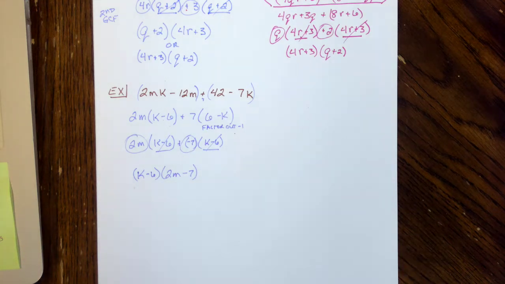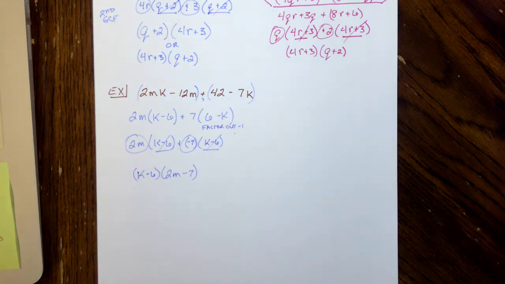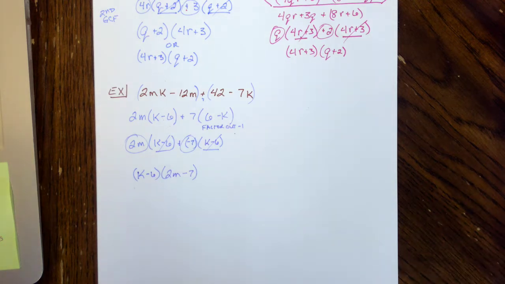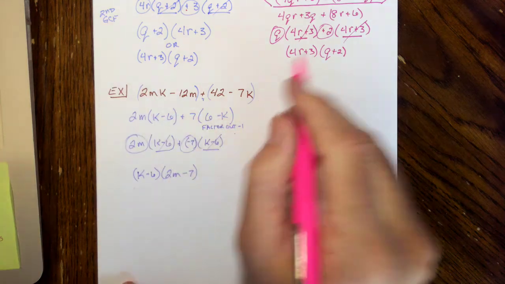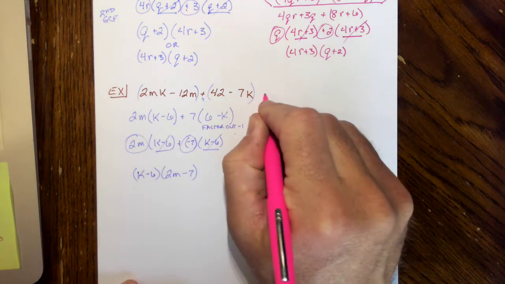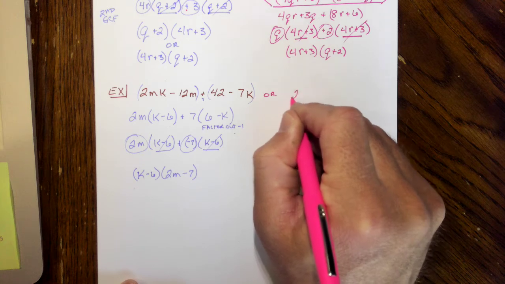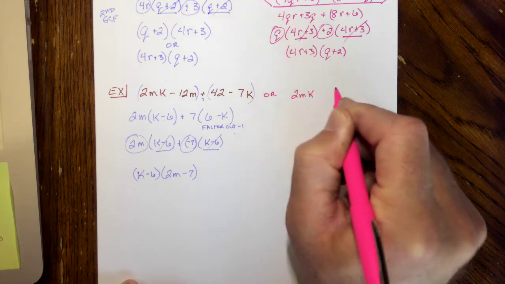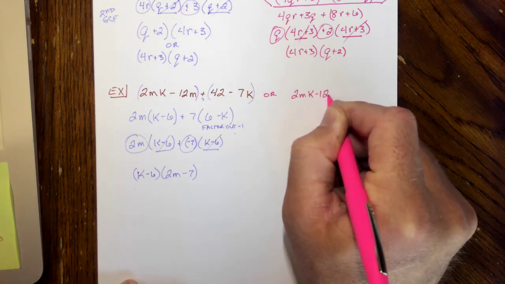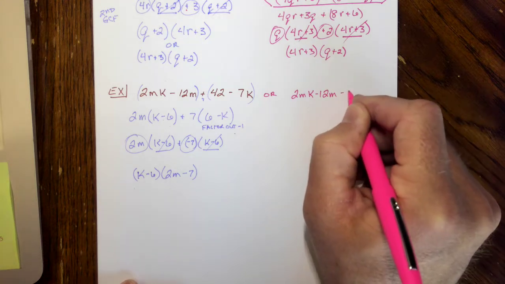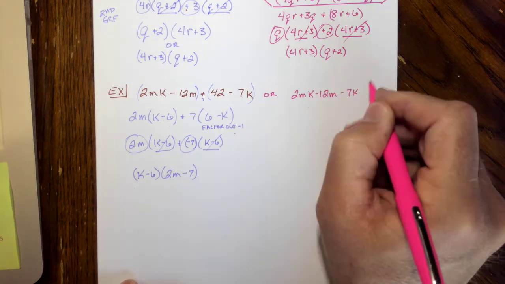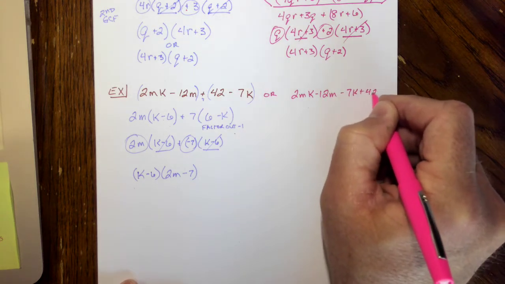Okay, so let me address another scenario that could be happening to us. Let's say this problem was ordered this way. So that's not changed, but it goes negative 7k and then plus 42.